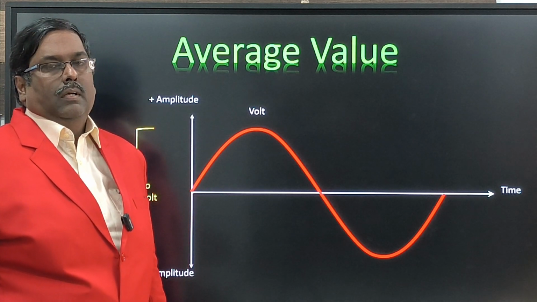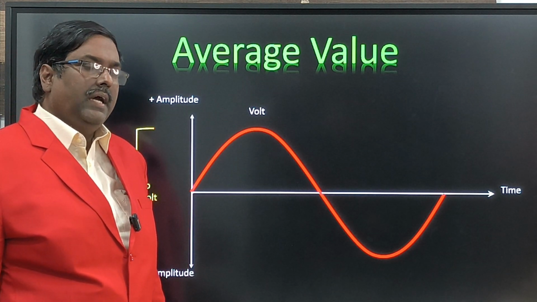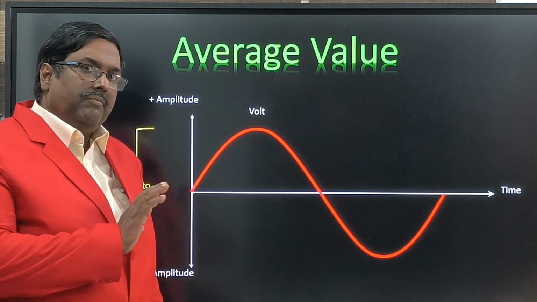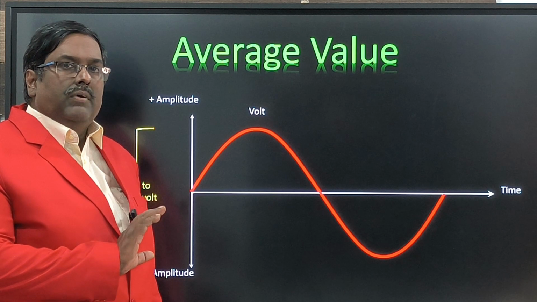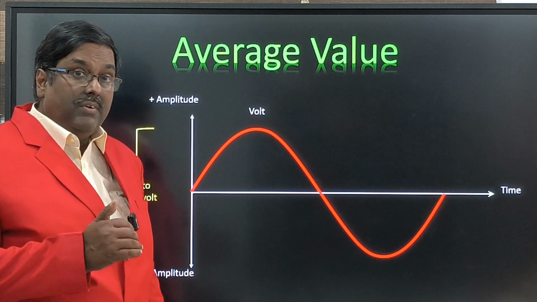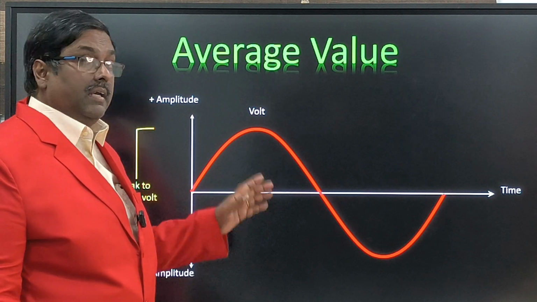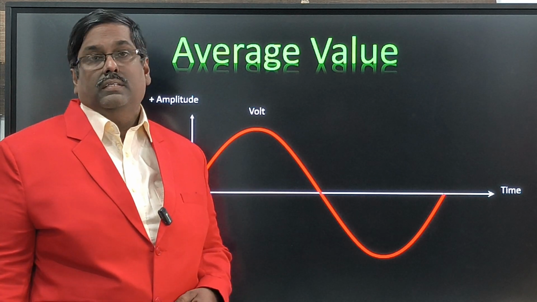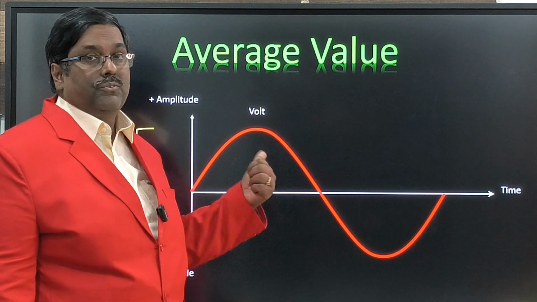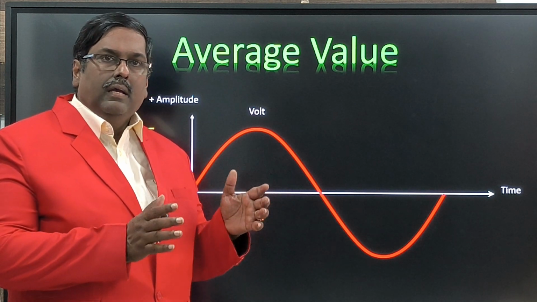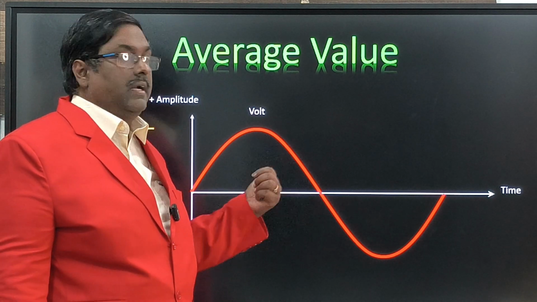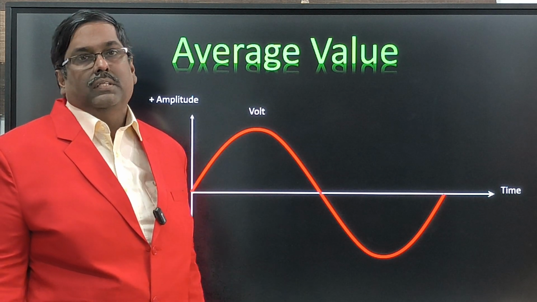For that purpose, as I told you initially, in the 1800s they first invented DC only. After 55 years, Tesla invented this alternating current. It is very useful to us. For 55 years people used DC power, and all calculations were in DC.